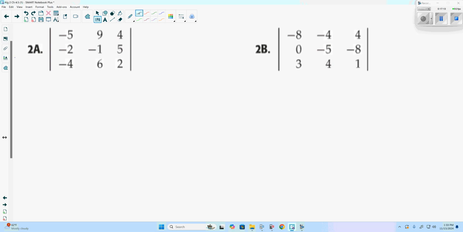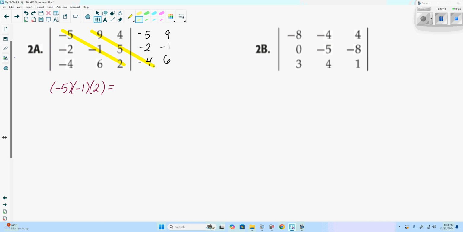Now the nice thing about this one here is we don't have a lot of writing around it. So I can just come in here and say -5, -2, -4, 9, -1, 6. So our first diagonal is going to be -5, -1, 2.